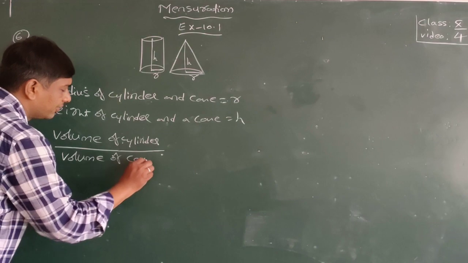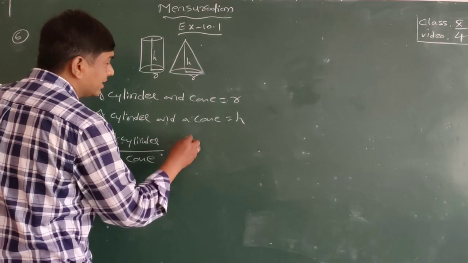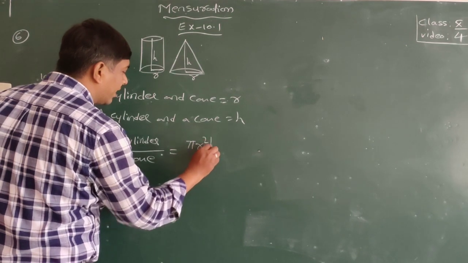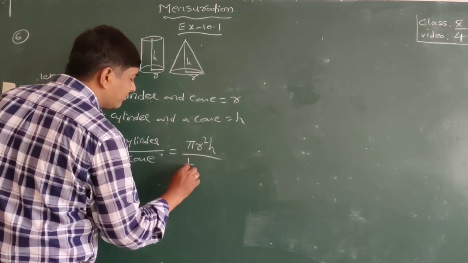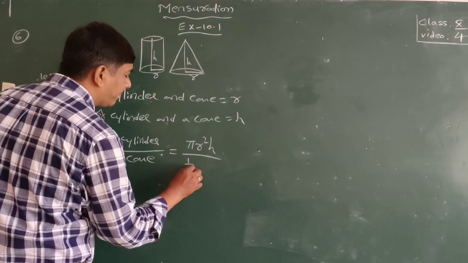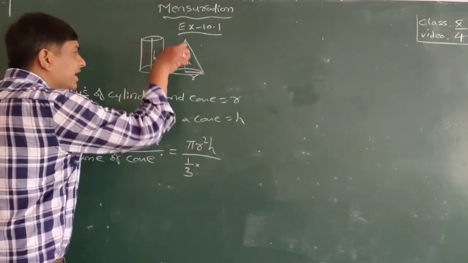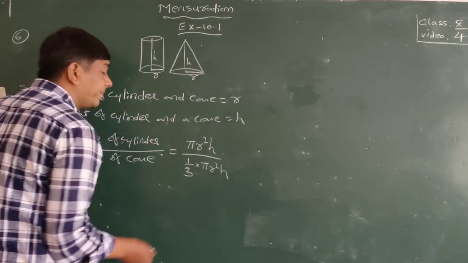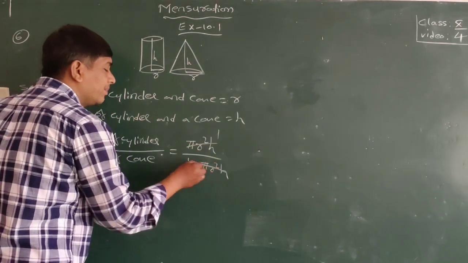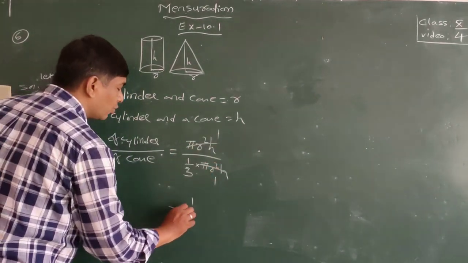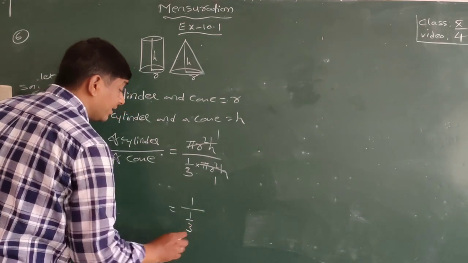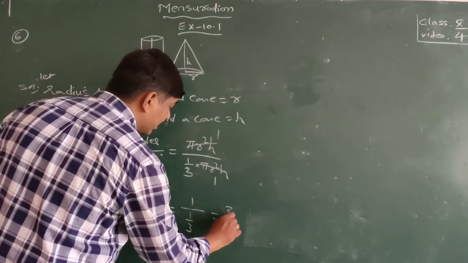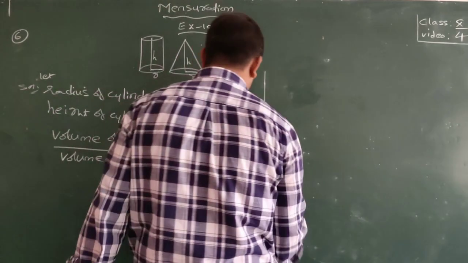Volume of cylinder is the area of the base into height, that is equal to pi r square h, and the volume of the cone is 1 by 3 area of the base into height. Area of the base is pi r square into h. Now pi r square h by pi r square h, that is equal to 1 by 3.